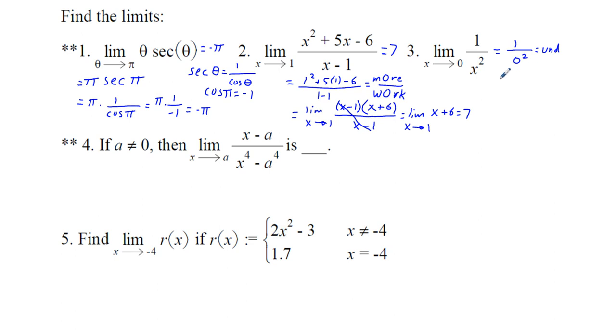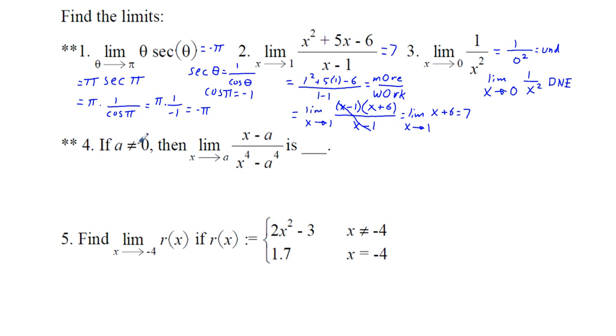And so we say the limit as x approaches 0 of 1 over x squared, we say that limit does not exist, which I abbreviate DNE. It is not equals, does not exist. It does not exist.